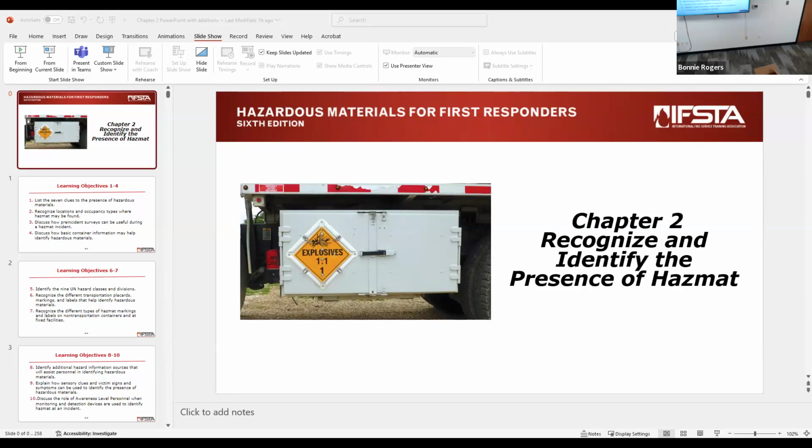Anytime we have an alarm there, we're supposed to back up because you could have a CO2 leak. And would you be able to smell it? It's going to displace the oxygen, you're going to go down without even knowing.